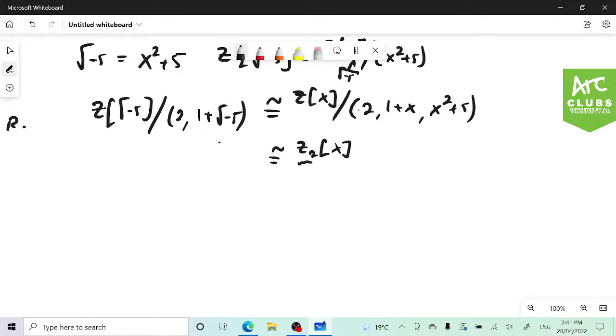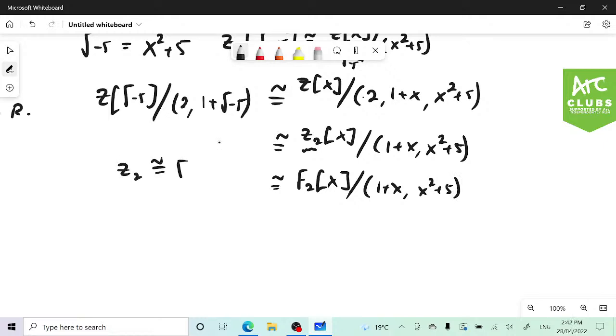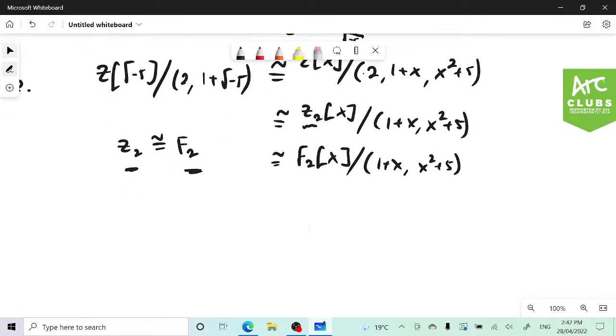So this is isomorphic to the field of... So we're going to look at Z2. Z2 is precisely a field. And we're going to quotient out by the following here. So this is actually precisely equal to the following here, right? Because Z2 is precisely F2 as well. So Z2 is a field of 2 elements, and F2 is also a field of 2 elements.